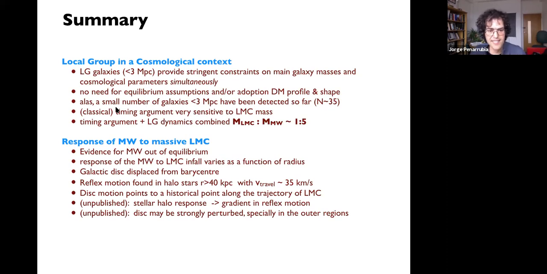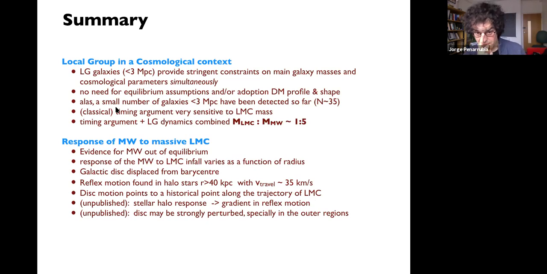I showed you that the classical timing argument, the reason that people like Lynden-Bell and White were getting such a high Local Group mass, might be due to the fact that they didn't consider the LMC at all. And if you consider the LMC, then everything seems to be consistent if you adopt a mass ratio of around 1 to 5 for the LMC to Milky Way mass ratio.